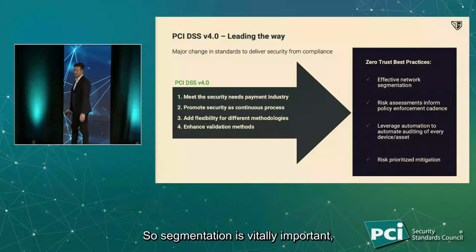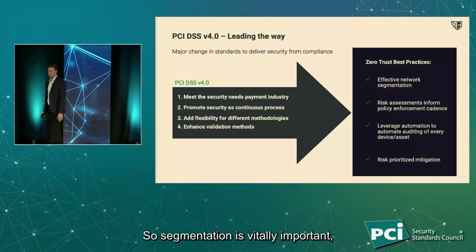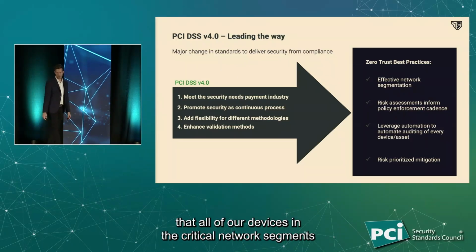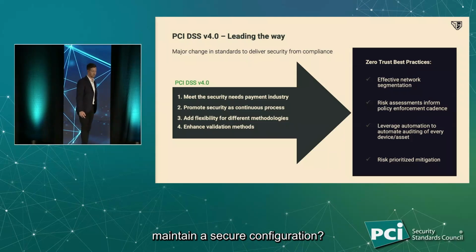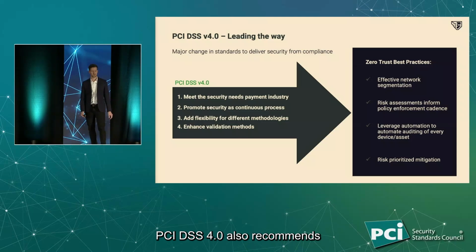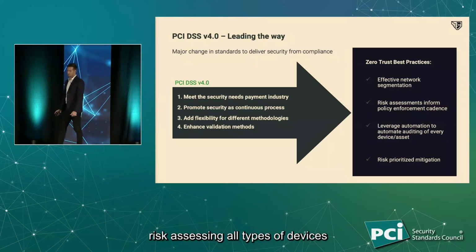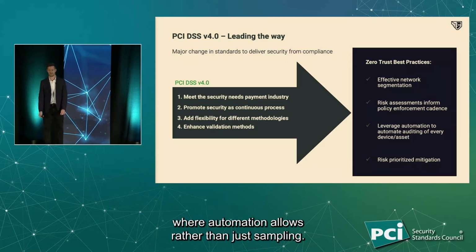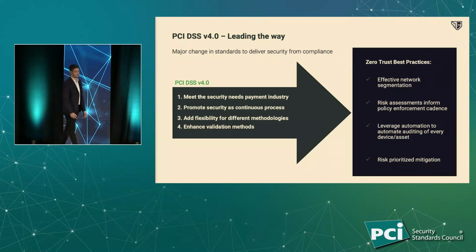Segmentation is vitally important, but how do we ensure that all of our devices in the critical network segments maintain a secure configuration? PCI DSS 4.0 also recommends risk assessing all types of devices where automation allows, rather than just sampling.